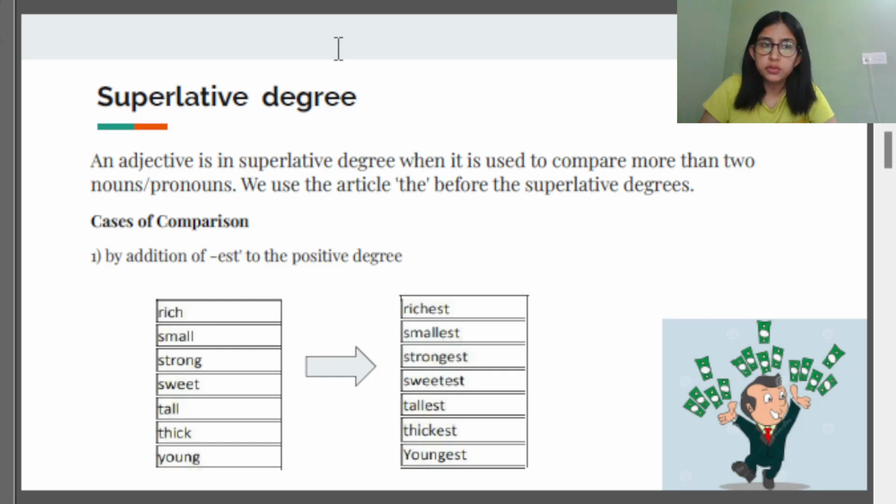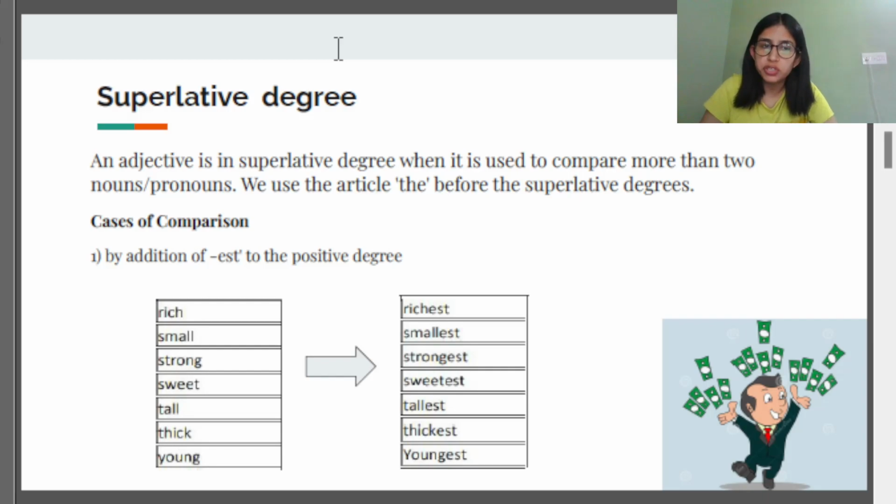Now we will be forming the superlative by addition of est to the positive degree. So to the positive degree, for example rich, we'll be using est in the end. That will become richest, which will be the superlative degree. So to convert it into a superlative degree, we'll be adding est in the end.